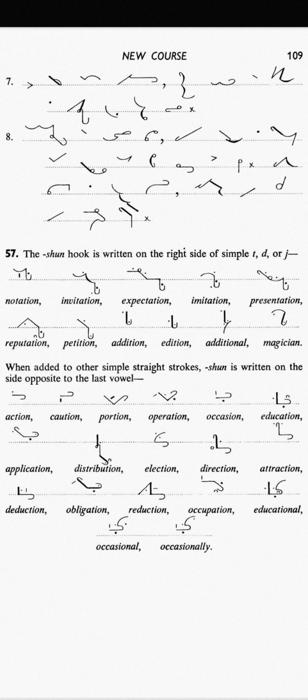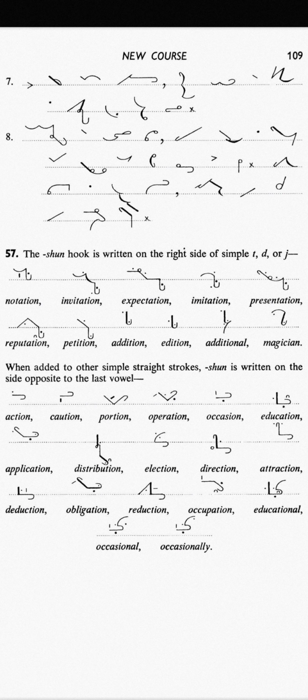Occupation: K with P with shun hook above the line, whole outline above the line, light dash on the first place of K before it, U diphthong on the third place of P before it, heavy dot on the second place of P after it.